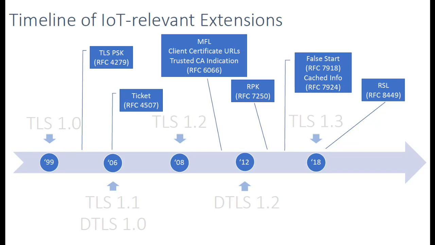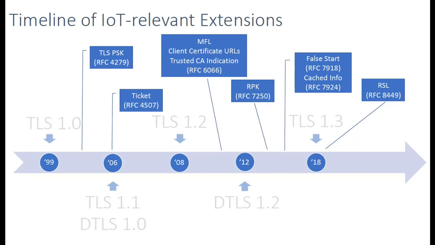In 2014, a new certificate type was added to TLS, namely the raw public key. Certificates are very large, and the idea was to reduce the size to a bare minimum, which is the naked key. With False Start, an attempt was made to reduce the latency of the TLS exchange. Cached Info reduced the amount of data shared between the client and the server, observing that some of the data is static, particularly in an IoT deployment.